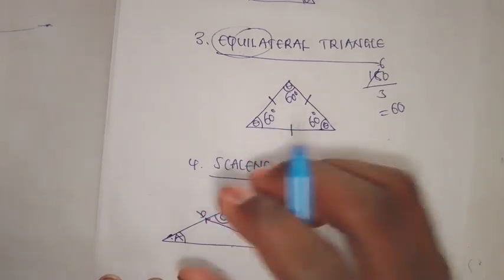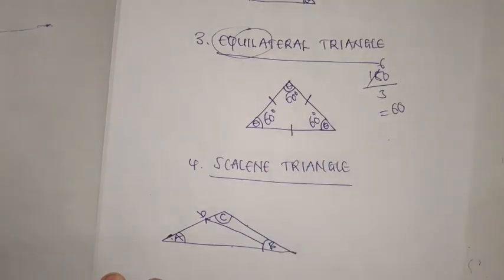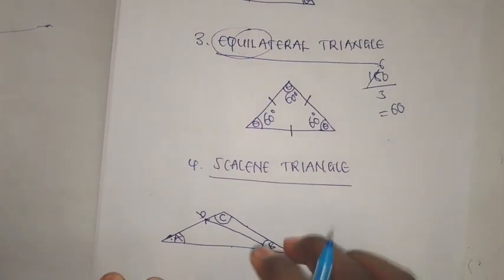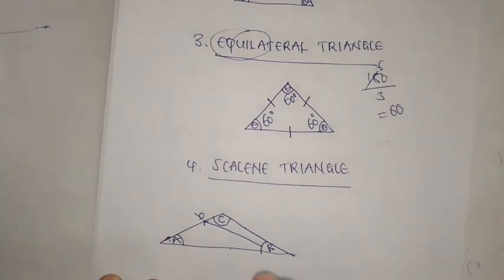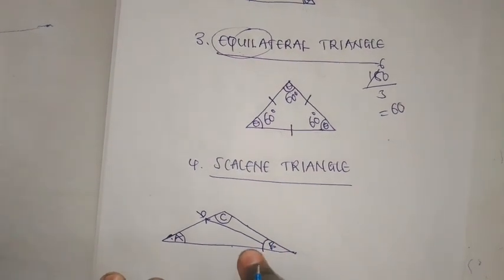So here we name the angles. We use capital letters to name the angles. Then to name the sides, we use small letters of those same big letters of the angles. You know what I mean?